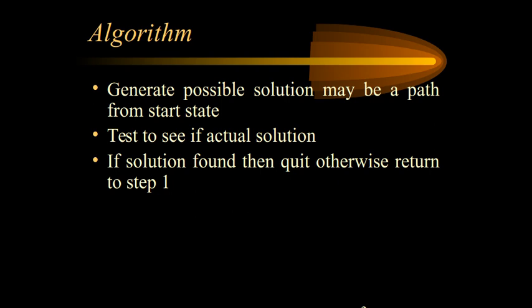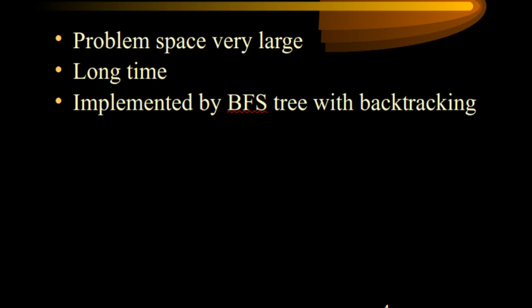If the generation of the possible solutions is done systematically, the problem space is large, and it will take longer time due to the large number of possible solutions, because we have considered all of them.